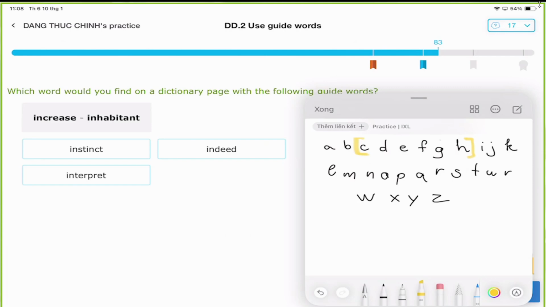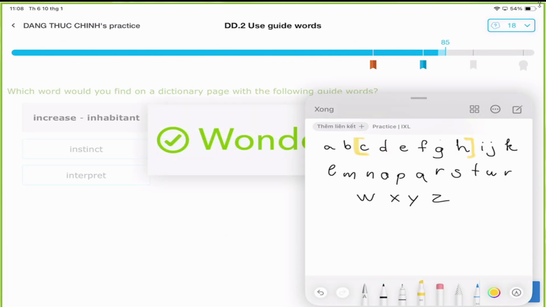S is definitely not in between C and H, so instinct would not be the correct answer. Indeed, yes, D is standing in between C and H, so I think it might be, but let's look at the last one, just in case. T comes after H, so indeed would be the correct answer here.